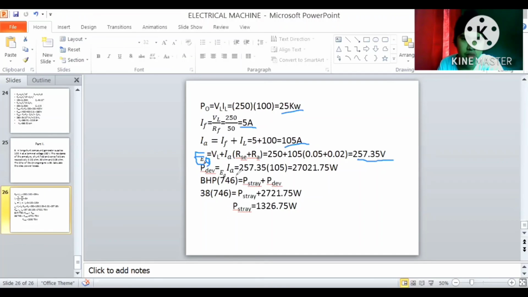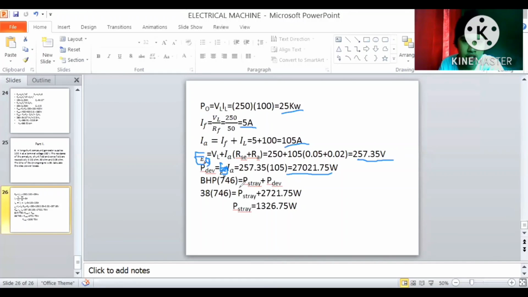So the armature power EG IA equals 257.35 times 105 equals 27,021.75 watts.